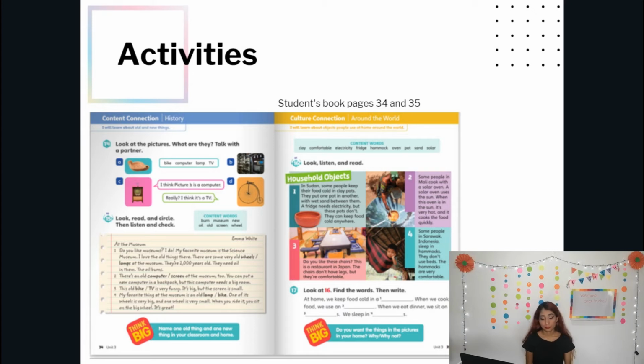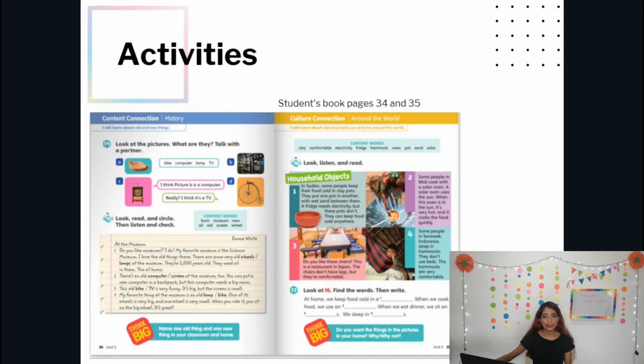You can put a new computer in a backpack, but this computer needs a big room. This old TV is very funny. It's big, but the screen is small. My favorite thing at the museum is an old bike. One of its wheels is very big and one wheel is very small. When you ride it, you sit on the big wheel. It's great.